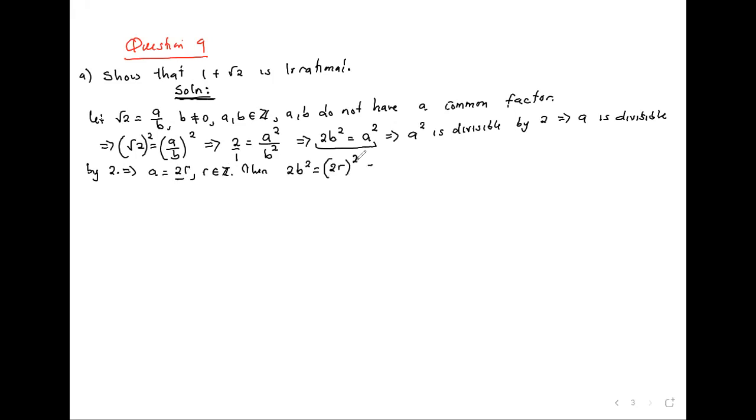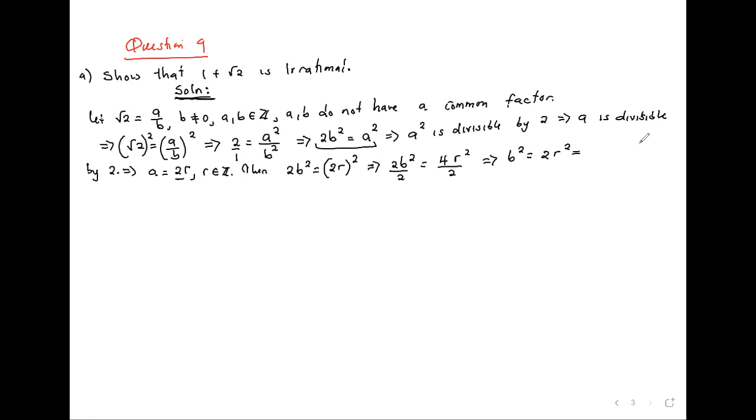Because A is squared, we'll square 2R. If we square 2R, then we'll have 2 squared is 4, R squared remains R squared. If we divide by 2, then we'll have B squared is equal to 2R squared. We are back to the argument of A squared. Now it's B squared.